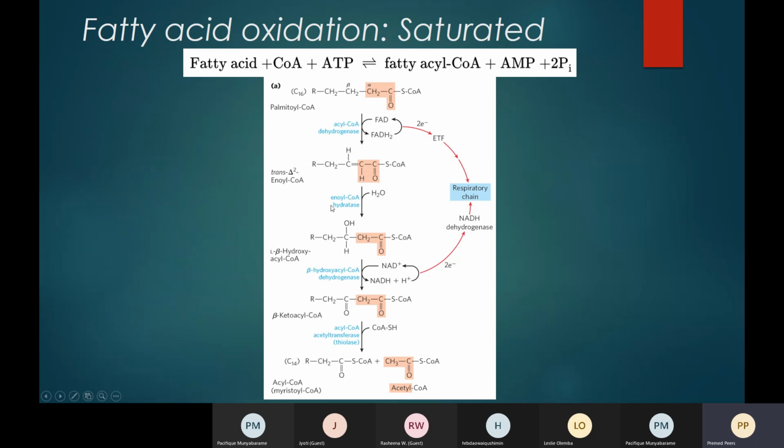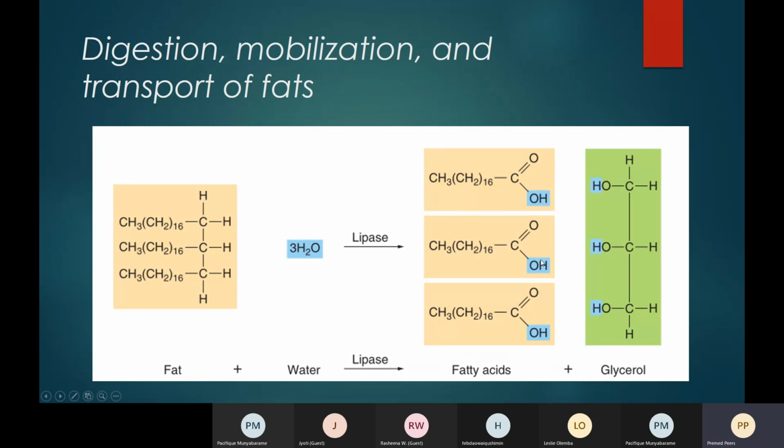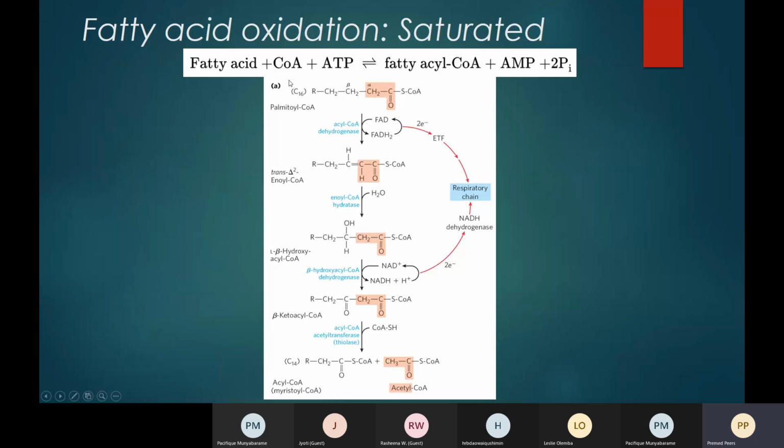Here's an overview. Again, probably not super important with this one to know all the enzymes, but definitely the products. The important thing to know is that it's a cyclical process. We're digesting this thing 2 carbons at a time. In the first step, we have the fatty acid from before, with just an OH at the end. There's no CoA anywhere. First, we have to activate it with coenzyme A. You see that a lot in biochemistry.